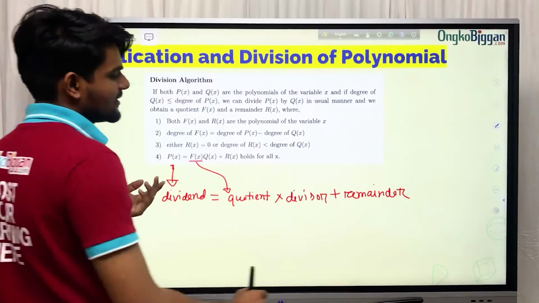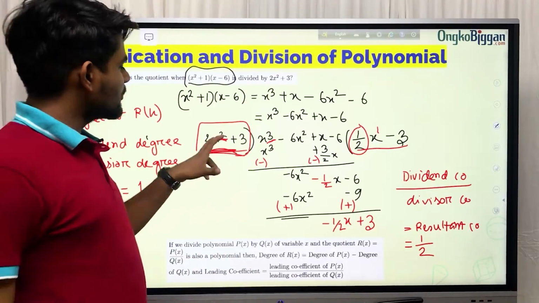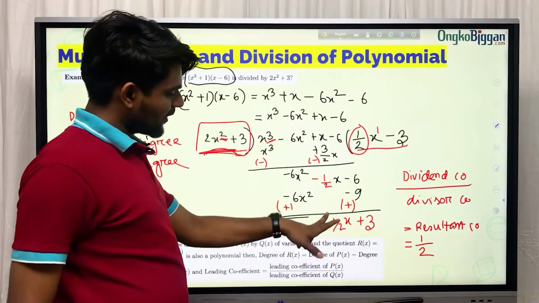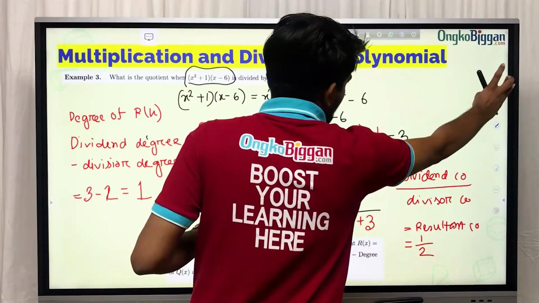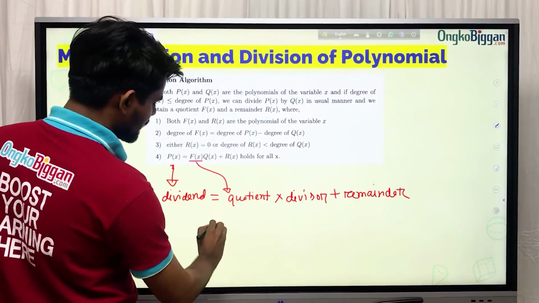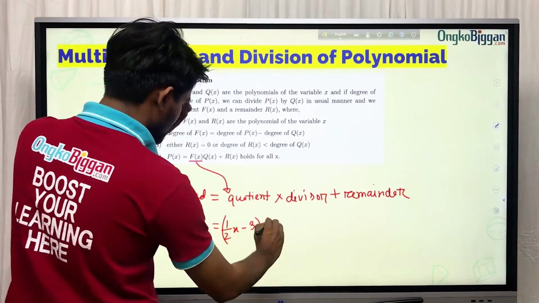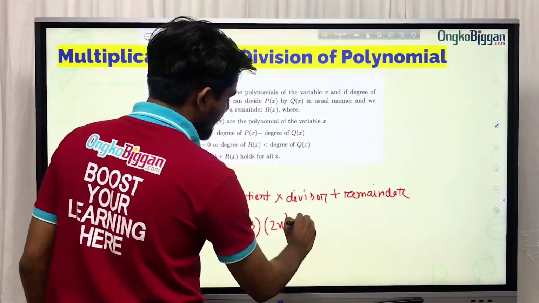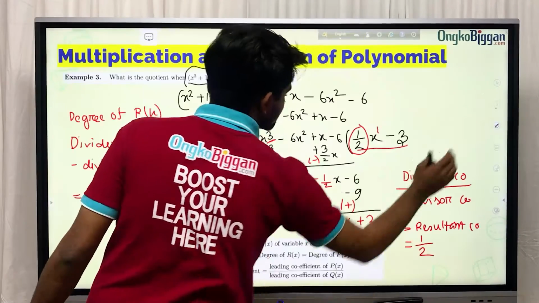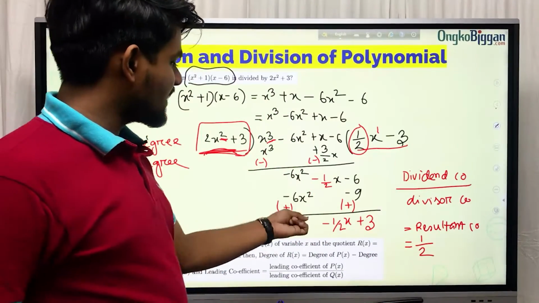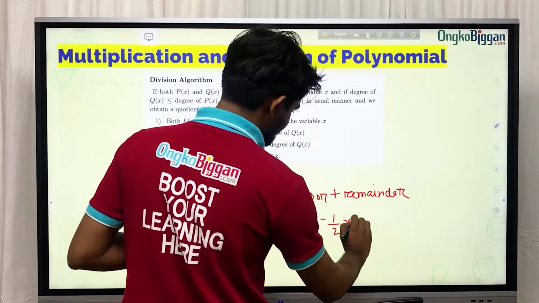So in the first example, 2x cubed plus 3 was the dividend, and half x minus 3 was the quotient. So half x minus 3 into 2x squared plus 3, and the remainder was minus half x plus 3.